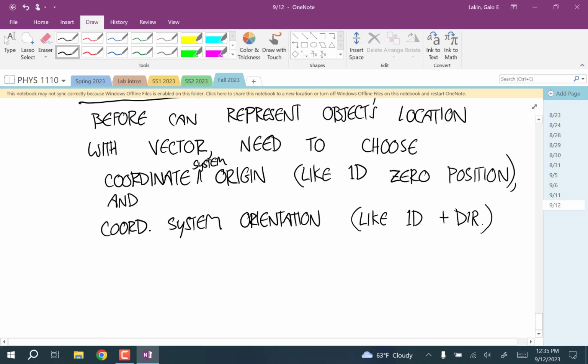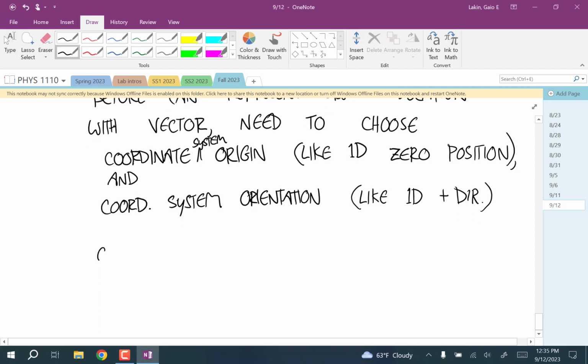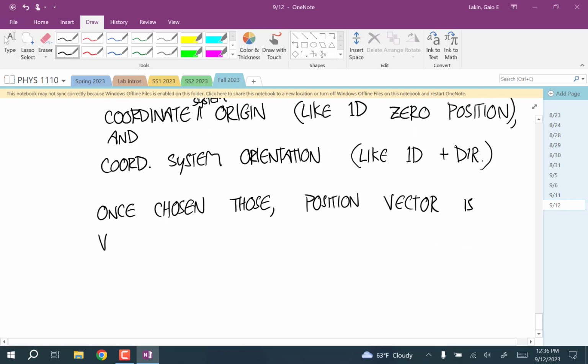Once you've chosen those, the position vector is the vector from the origin to the object's location.